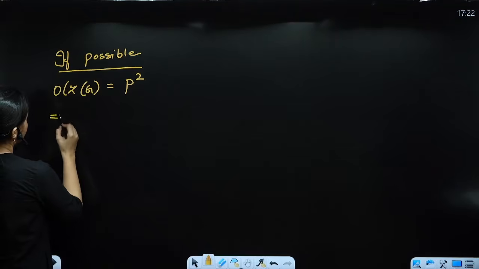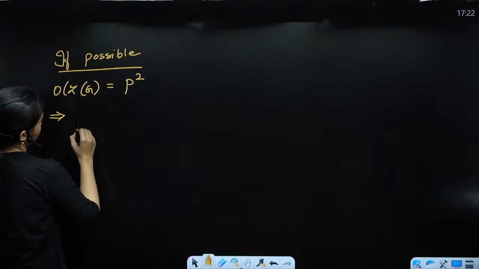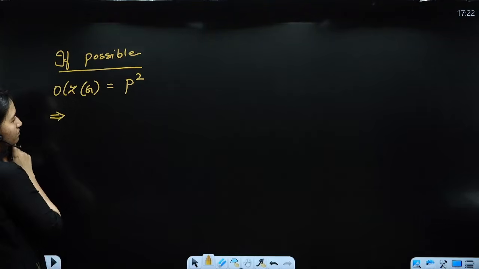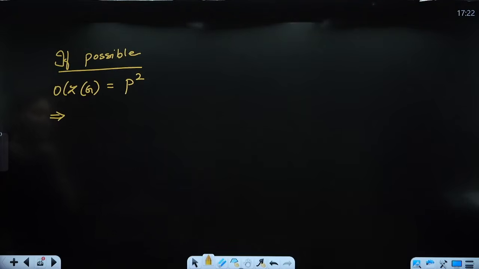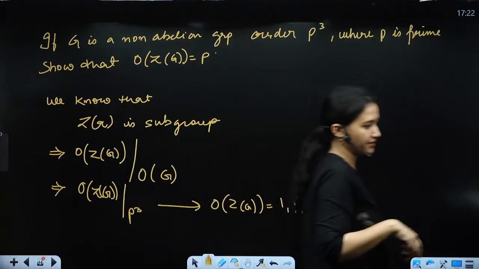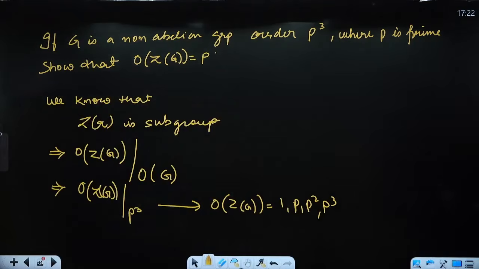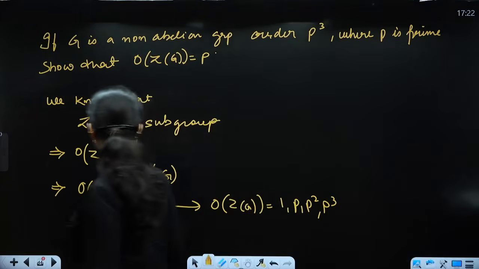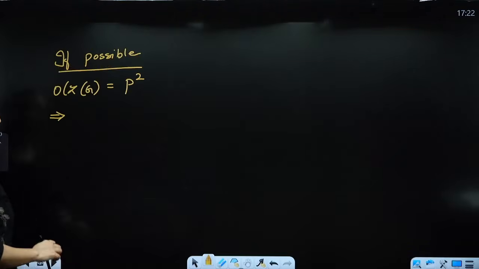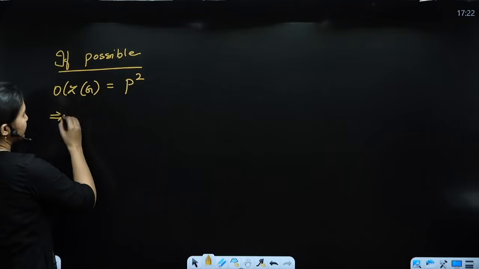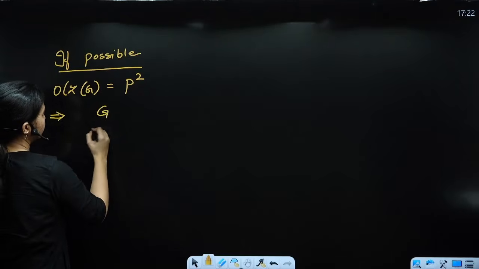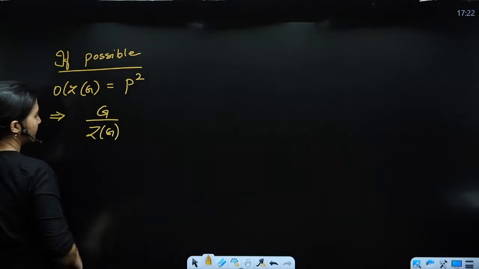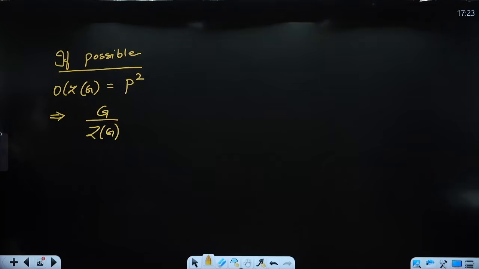Now this implies that, wait a second, order of G, I guess it is P cube only. Okay, so if this is happening, that means G by ZG, we know that it is going to be a quotient group, right?